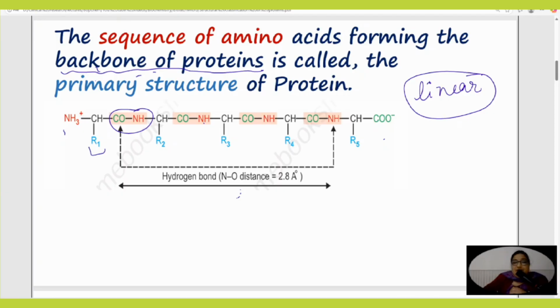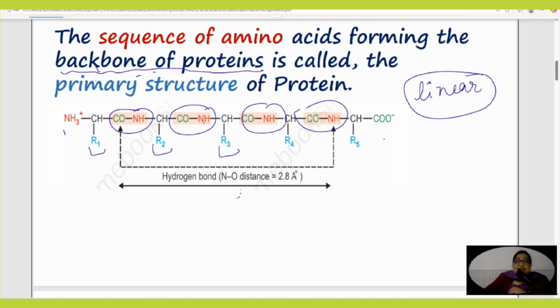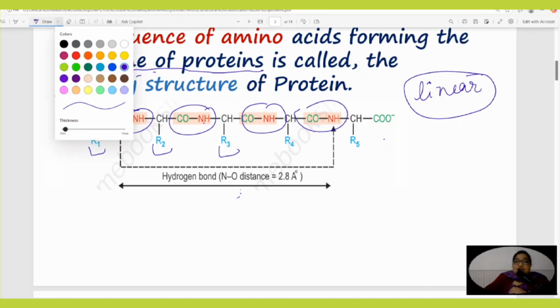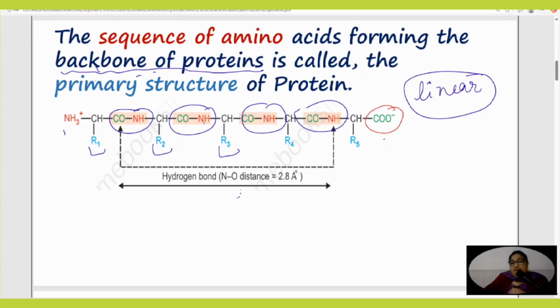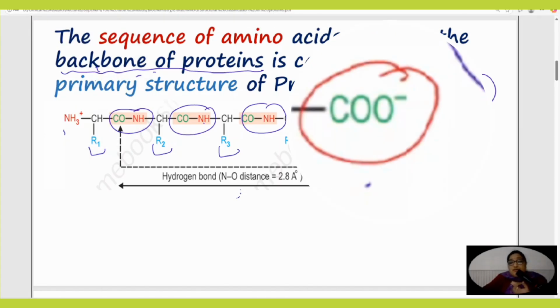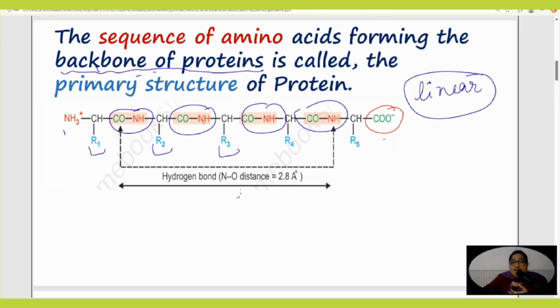Here you can see one amino acid, two amino acids, three amino acids, they are held or linked together by the peptide bonds. And similarly, in this structure, you can see that at one end the carboxyl terminal is free, the carboxylic group is free, and it is known as the carboxyl terminal end or the C terminal end.